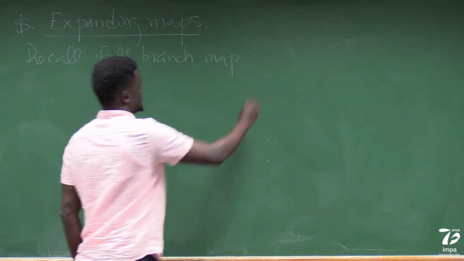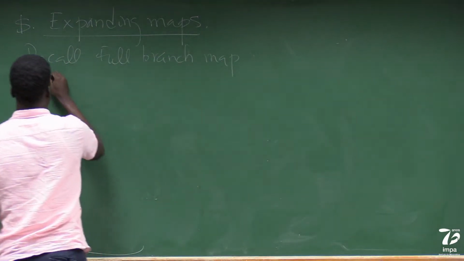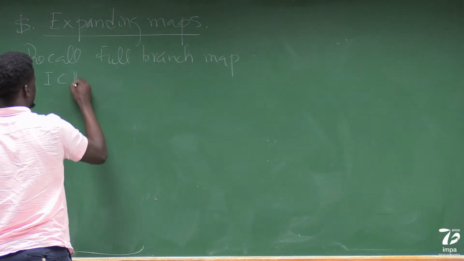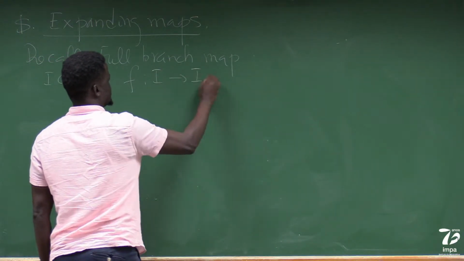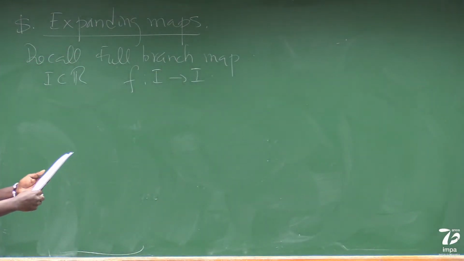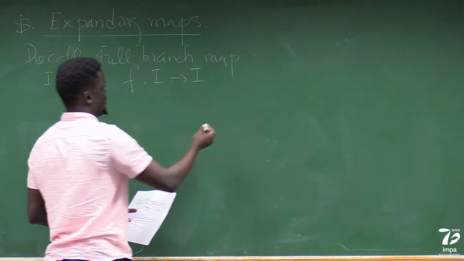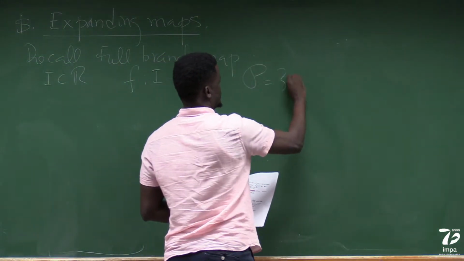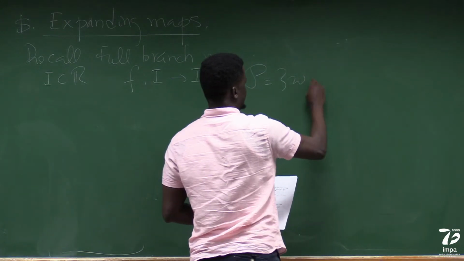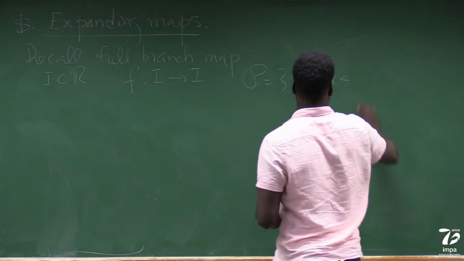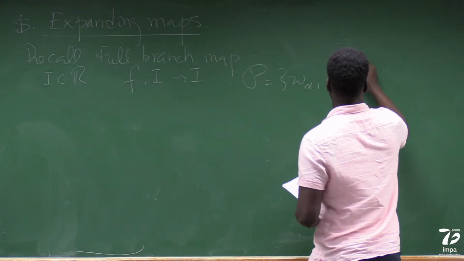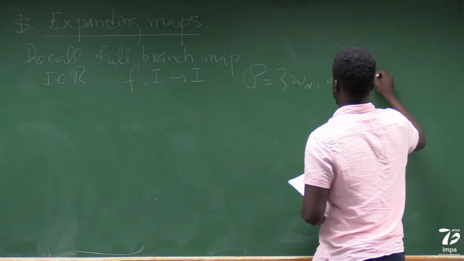You have an interval, and you have f from the interval to itself, and you have a partition P that is omega alpha, where alpha is in A, a set of indices.